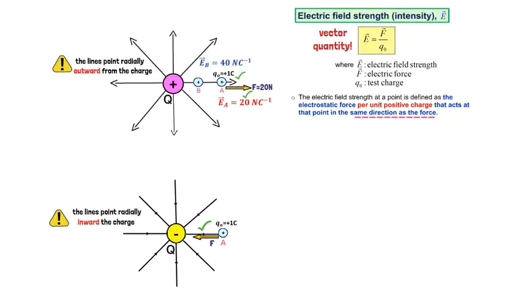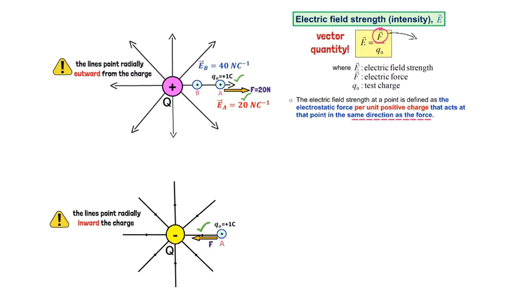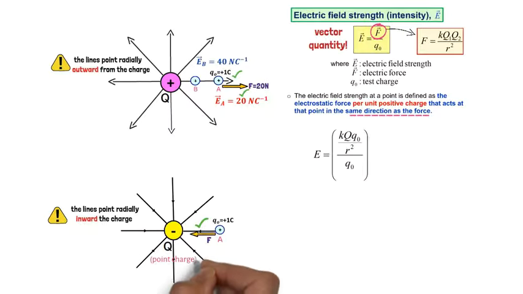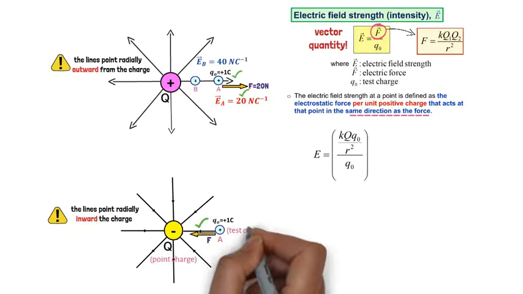So now let's try to derive the equation. So since we already know that electrostatic force F is equal to kQ1Q2 over r squared. So based on this diagram, here we have two charges, which is capital Q and Q0, di mana capital Q is the point charge and Q0 is the test charge.